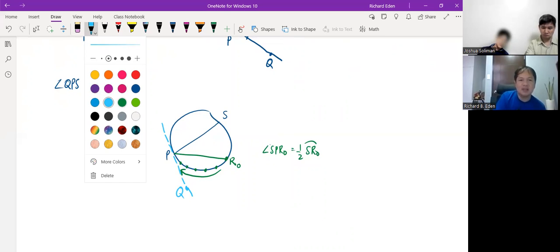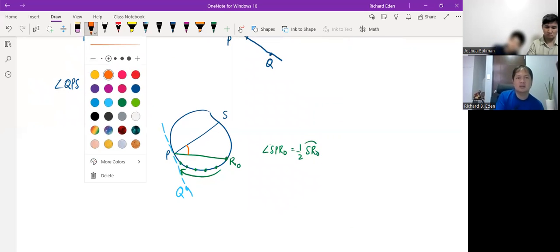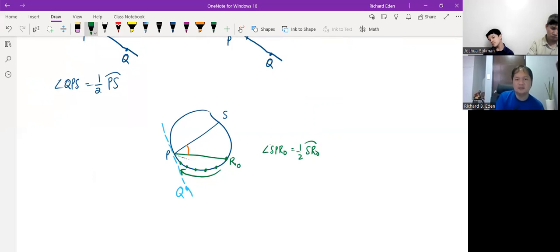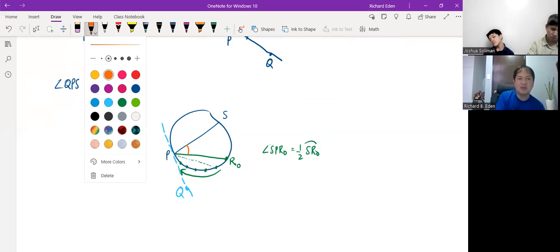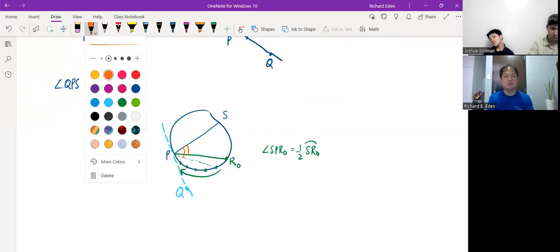Nung angle nga pala, so ito yon nung ganito lang siya nung una, but then eventually, let's say R0 is here. So magbabago na siya. Okay, and then the arc will be slightly larger. But the same 1/2 relationship is still gonna hold.